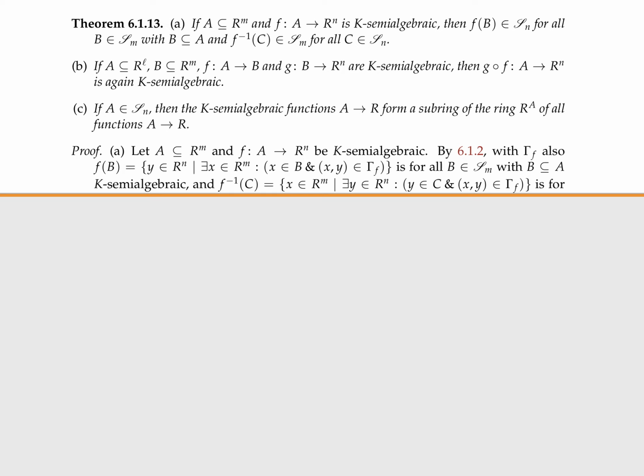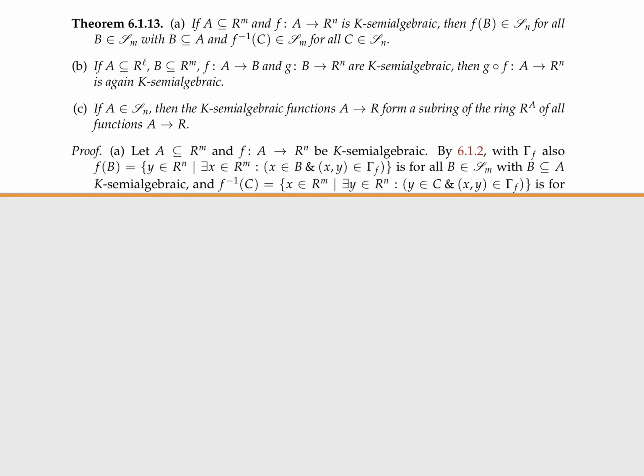So first, let A be a subset of R2M and F from A to R2n be K semi-algebraic. And now if I take a K semi-algebraic subset B of A, then its image can be written as the set of all y in R2n, such that there exists an x in R2m such that x lies in B and (x,y) lies in the graph of F, right?